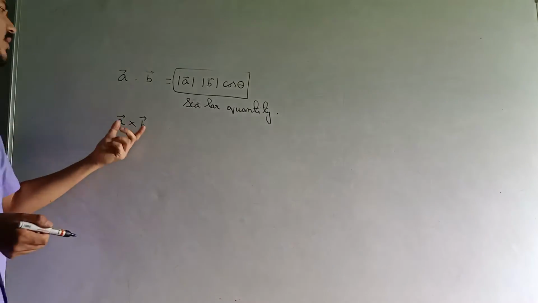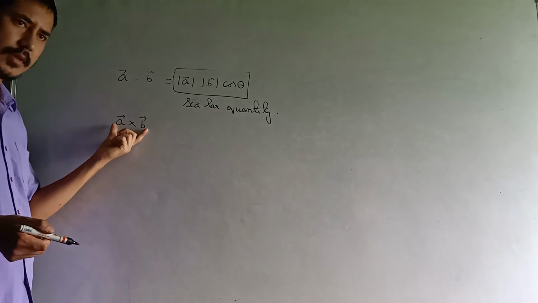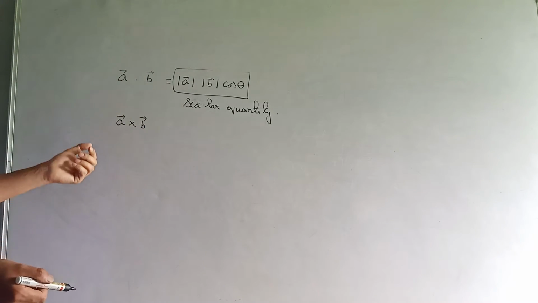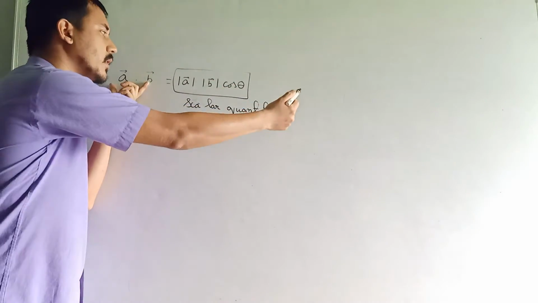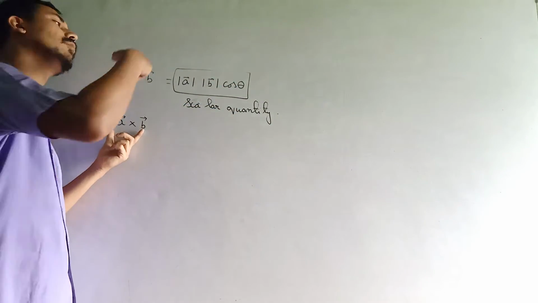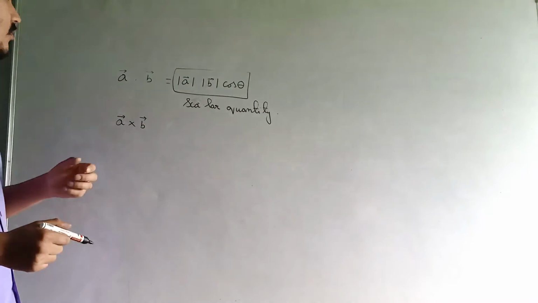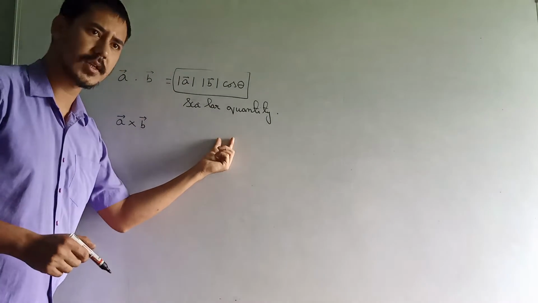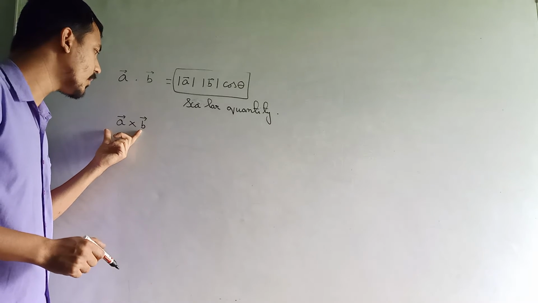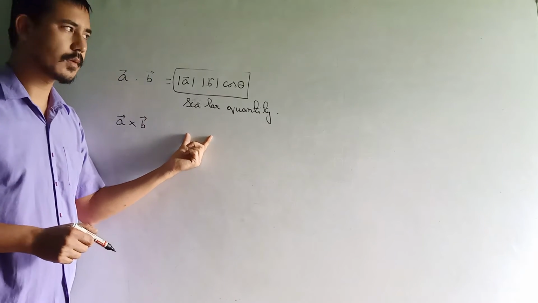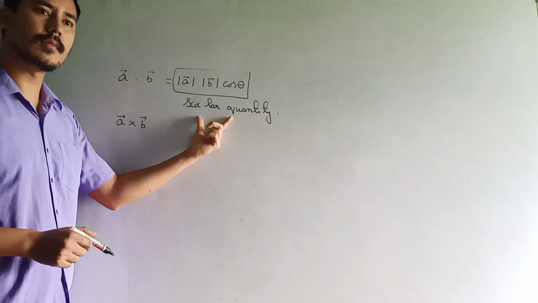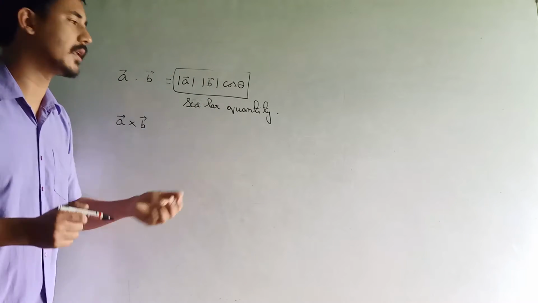We don't call A cross B a scalar product. A dot B can be called a scalar product, but A cross B cannot, because it gives us a direction. A cross B will give you another vector, but A dot B will give you only the magnitude, only a scalar quantity.